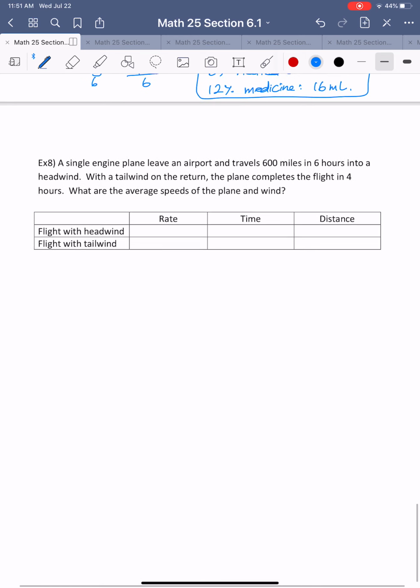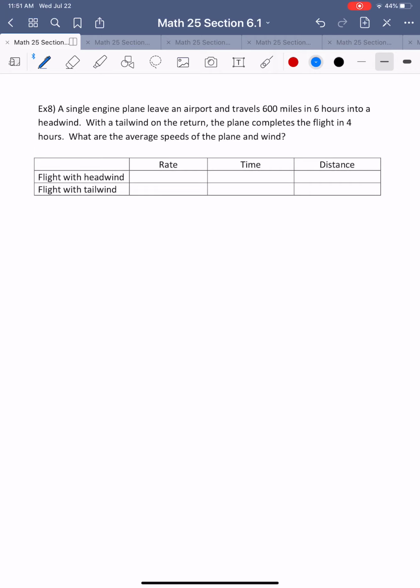All right, next page. A single engine plane leaves an airport and travels 600 miles in 6 hours into a headwind. With a tailwind on the return, the plane completes the flight in 4 hours. So headwind means the wind is blocking the speed of the airplane, which makes it slower.